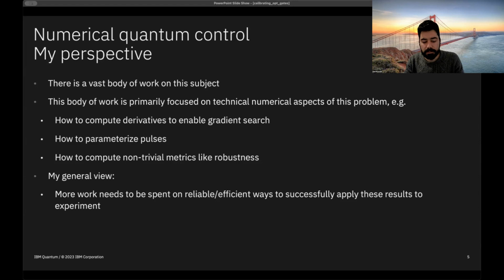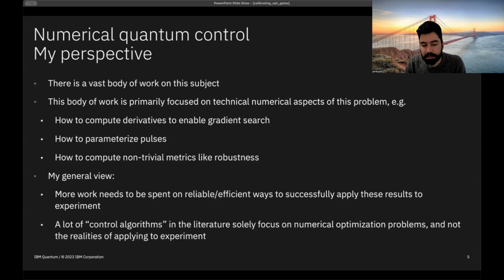But there's not as much work in actually applying these things to experiment, and definitely not much work trying to take an algorithmic view to how to apply these things to experiment efficiently. There is work on that stuff, which we'll talk about, but it's really not that much compared to the overall body of work dealing with the numerical aspects.